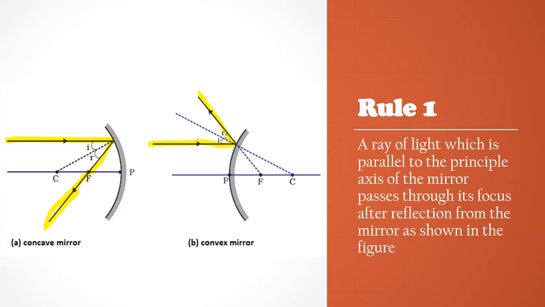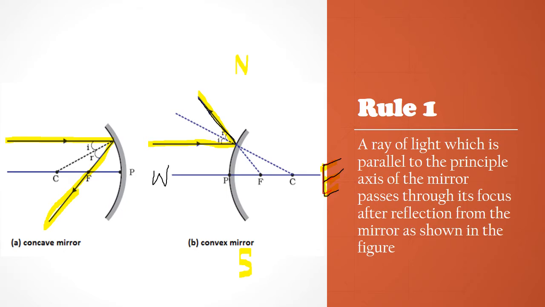If this one is your north, this one is your south, this one is your east, this is your west, you can clearly see the light after reflection moves in the northwest direction.